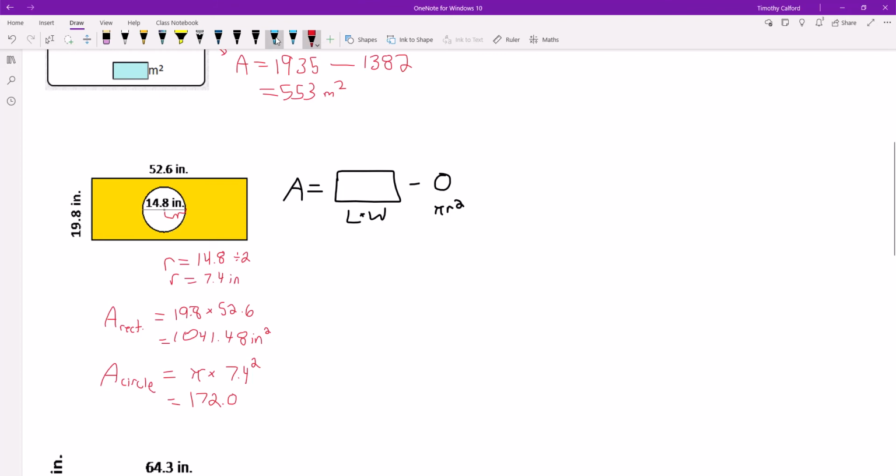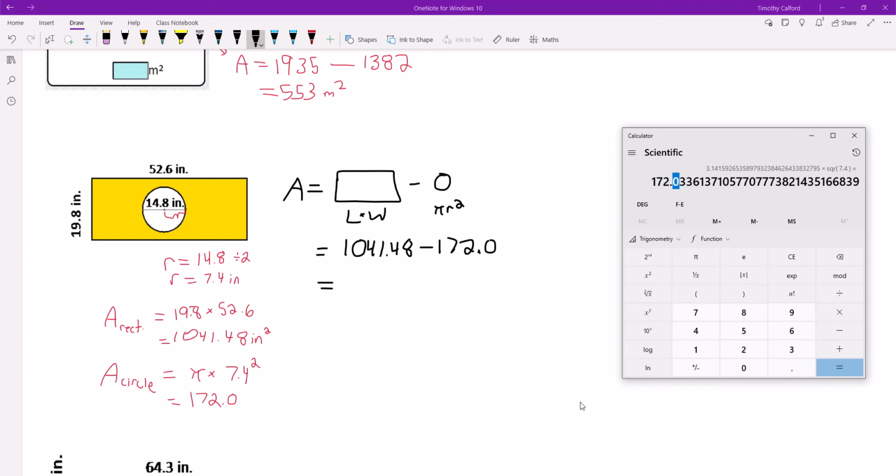And so our area, if we went back up here, it would equal that big rectangle's area, take away the hole. So we would have 1041.48 minus 172.